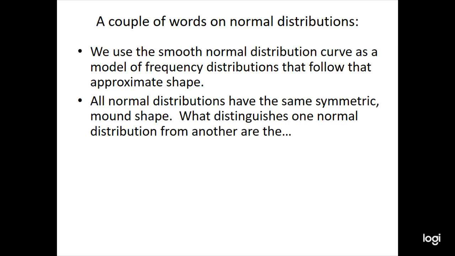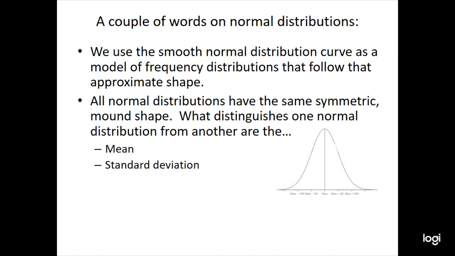Not all of them are exactly alike, and there are two things that distinguish one normal distribution from the other. Think for a minute about what those two things are. When you move from one normal distribution to the other, the two things that distinguish them are their mean and their standard deviation.